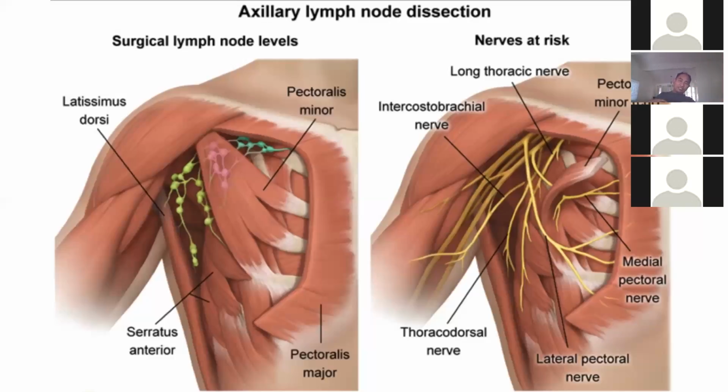Because it is attached to the thoracic wall and to the scapula, it stabilizes the scapula in its position. So if there is any problem with the serratus anterior, when you stretch your hand and push, the serratus anterior doesn't function and the scapula will twist and turn, and that's again winging of the scapula.